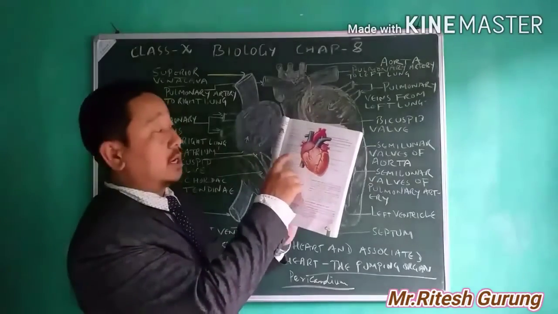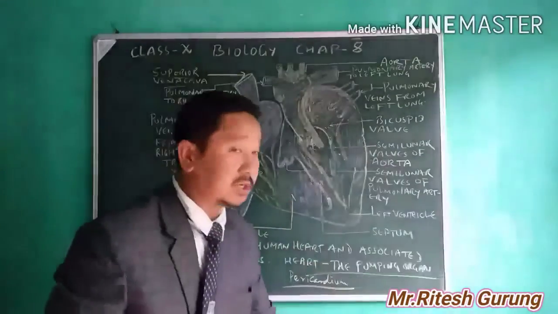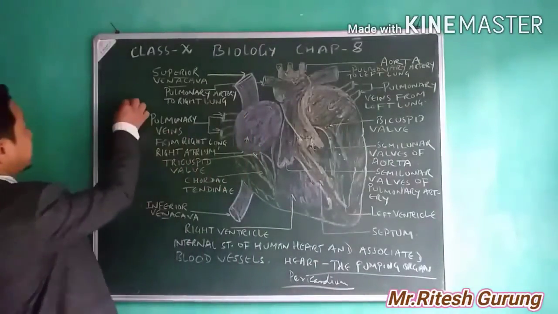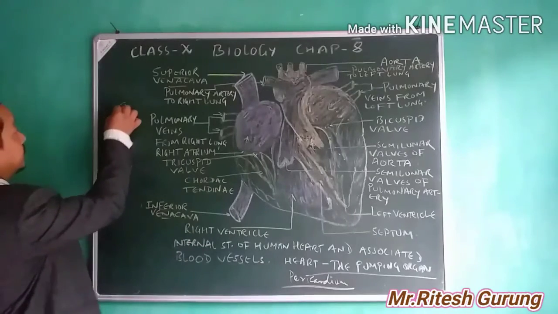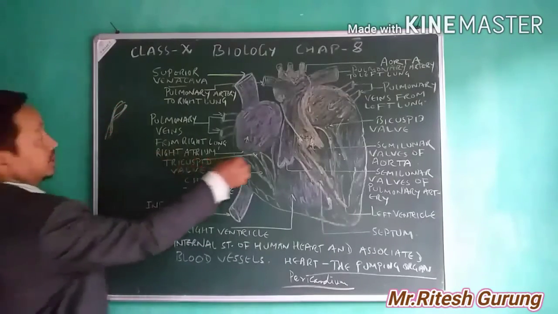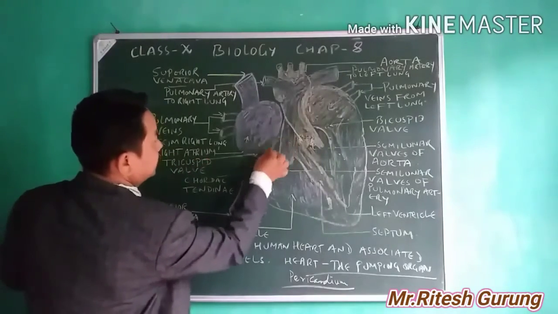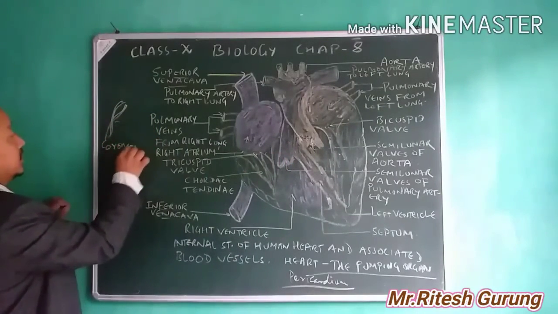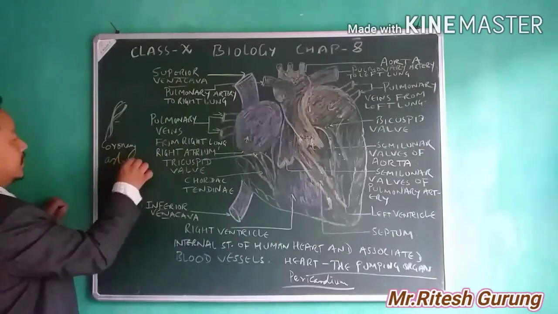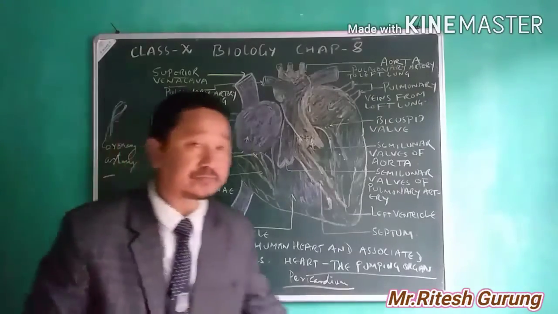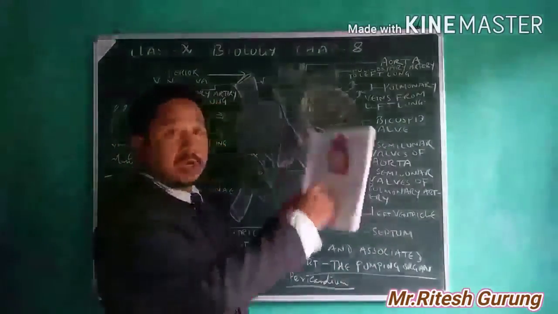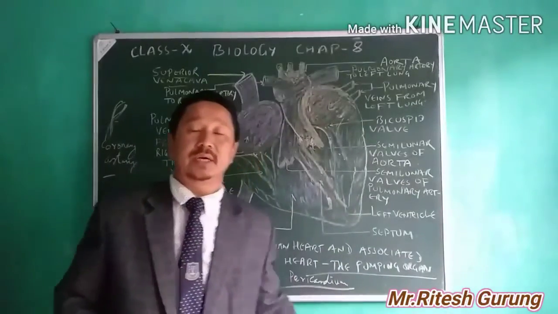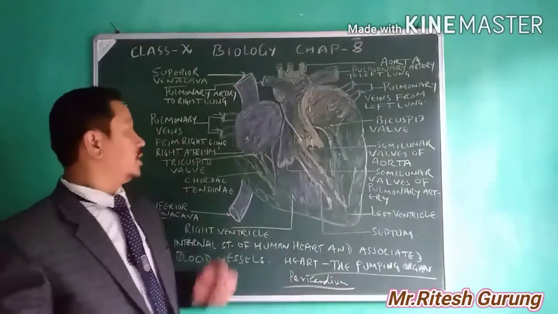You can see the coronary artery, something like that. That's called your coronary artery. Here you see both.